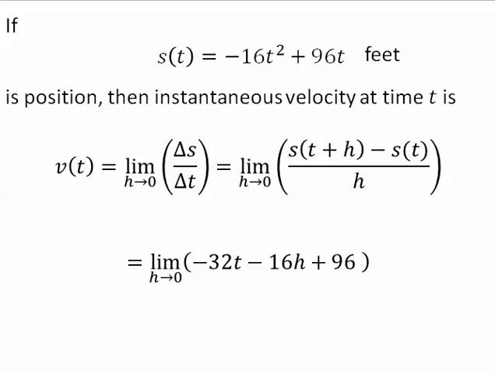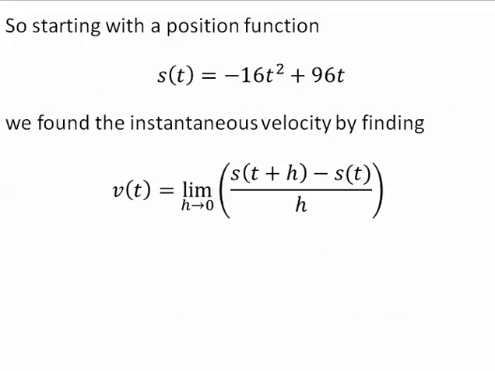As h gets smaller and smaller, this becomes negative 32t plus 96 feet per second. So starting with a position function, we found the instantaneous velocity through this limit process.